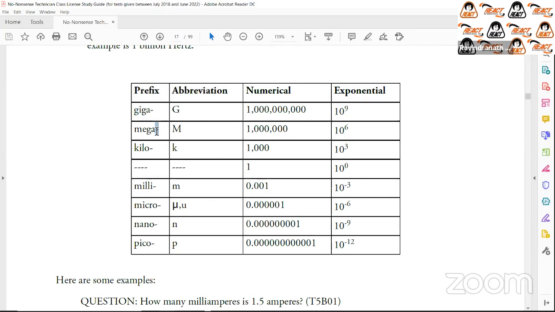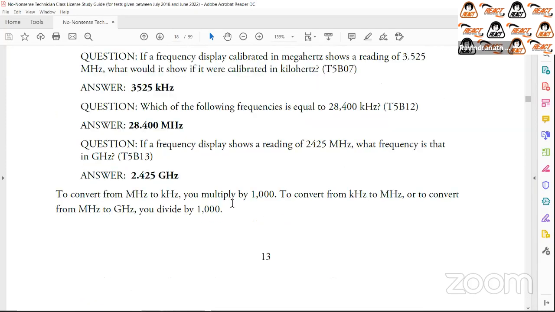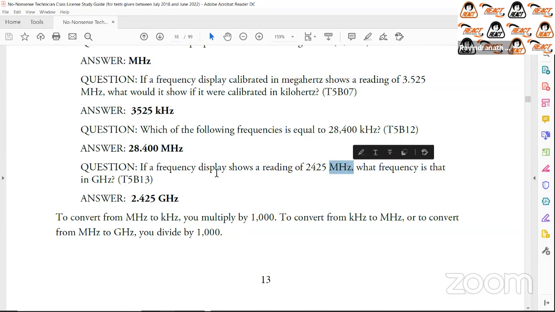Well, we either divide by 1,000 if we are going up, or if we're coming down, we multiply by 1,000. In our question we are going from megahertz to gigahertz, so we are going up, and because we are going up, we divide. So 2,425 divided by 1,000, again, we shift the decimal point 3 places, 1, 2, 3. The decimal point ends up between the 2 and the 4. So you get 2.425 gigahertz, which is the answer.